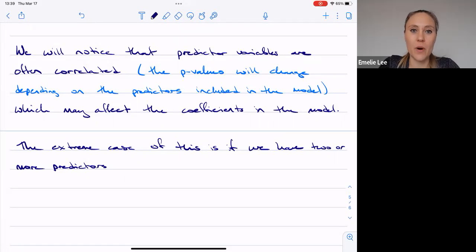What if a model includes my hourly salary, but also my yearly salary? They're the same, right? And so I have this redundant piece of information, and it's going to take over my entire model, and it's not going to work. And usually R will tell you, hey, there's multicollinearity here. What do you want me to do about it? You have to fix this. I can't do this. So dramatic. So the extreme case of this is if we have two or more predictors that are exactly correlated.